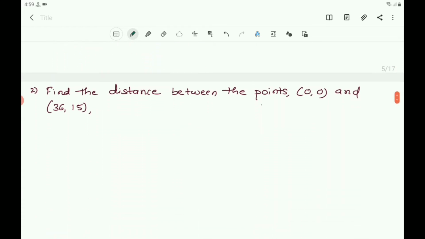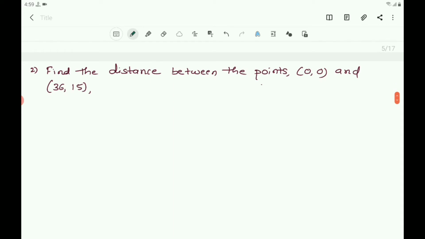Then the second question: find the distance between the points 0 0 and 36 15. Here the coordinates of one point are 0 0, that is the origin. You know that the coordinates of the origin are 0 0 and the other point is 36 15.